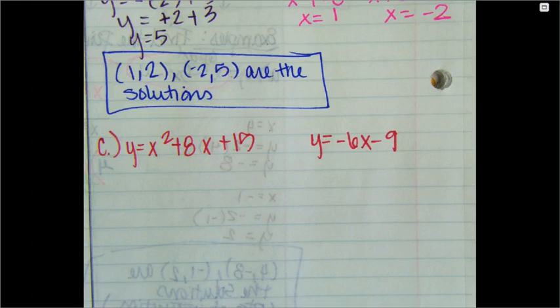Ready? 72, 36, 100. She was counting in her head. I was just giving her numbers. All right, let's do this.